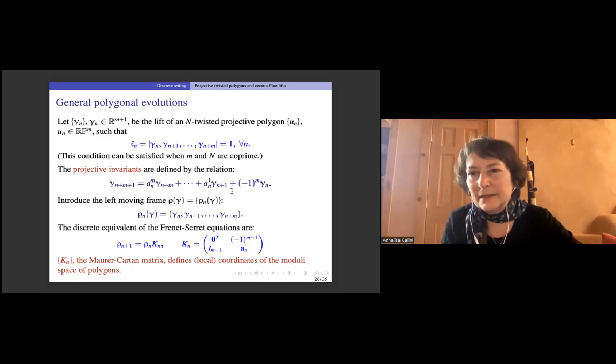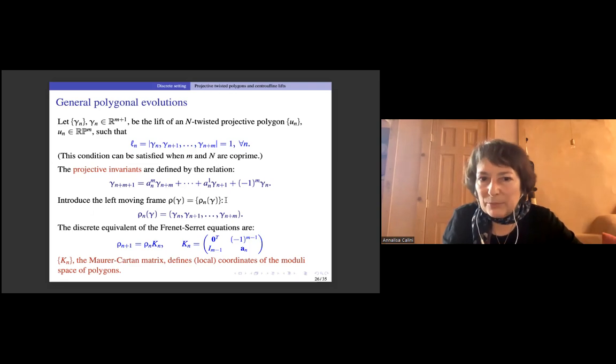So imagine in R3, if you have a curve, you keep differentiating the curve, and you're going to obtain the curvature and the torsion, and past the third derivative, you get nothing new. And this is exactly what's happening in the discrete setting. Construct the moving frame using exactly these points on the curve. Advance the frame, shift it. So this is equivalent to taking one derivative and obtaining the Maurer-Cartan equations that encode the invariants.